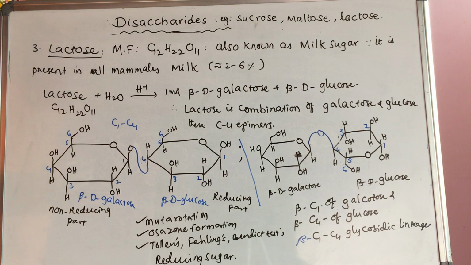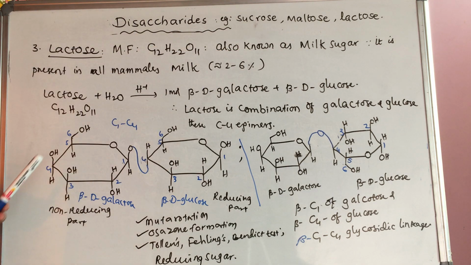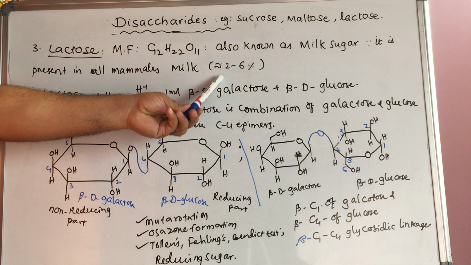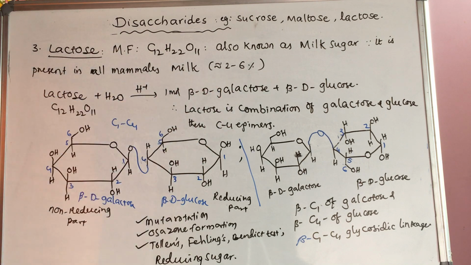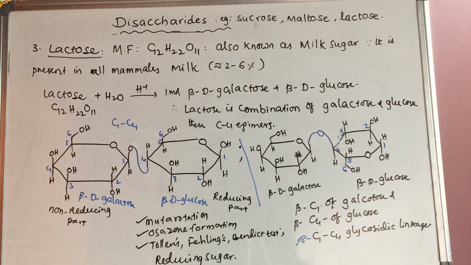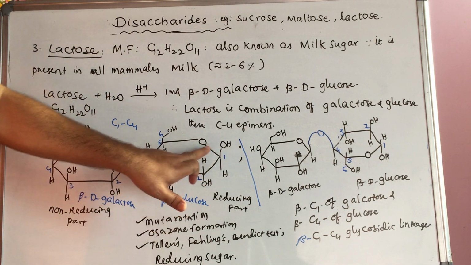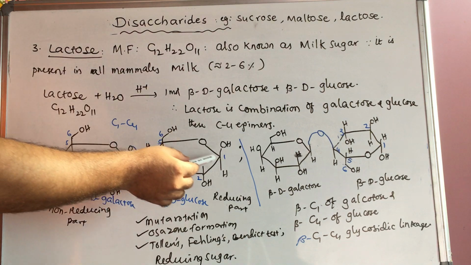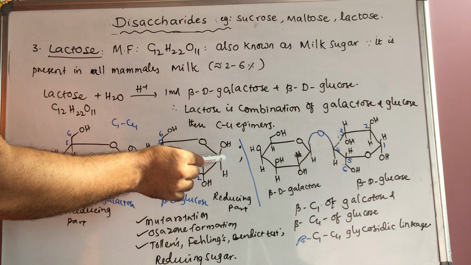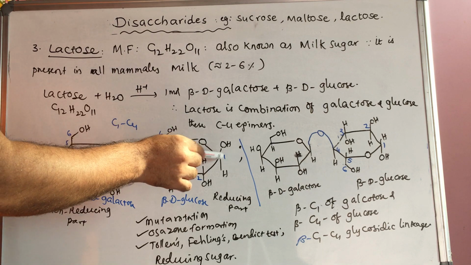So for competitive exam purposes, what are the important points? Lactose is also called milk sugar. Next, the percentage of lactose in milk is nearly 2 to 6 percent. This part is in acetal form, this part is in hemiacetal form. Observe, I explained this in maltose also. This is the anomeric carbon, this is an OR group, this is an OH group.